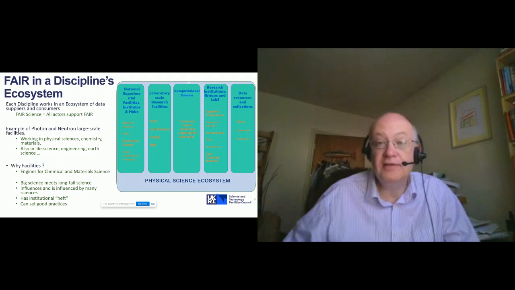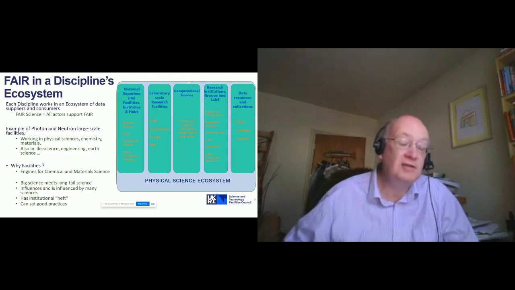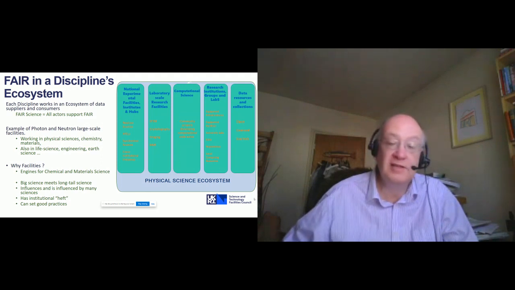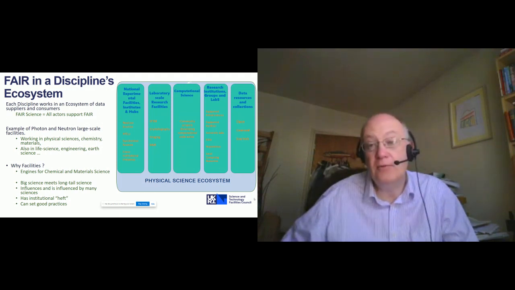We've got laboratory scale research facilities, so a particular crystallography institute which is supporting either one university or a number of universities, providing specialist instruments or imaging or NMR. Computational science facilities, so people writing codes, typically in community projects which last a long time.